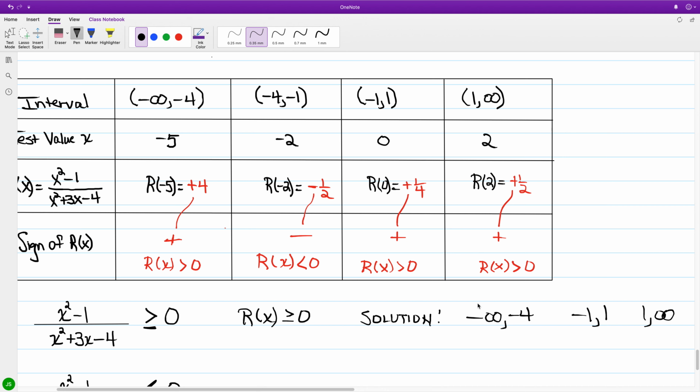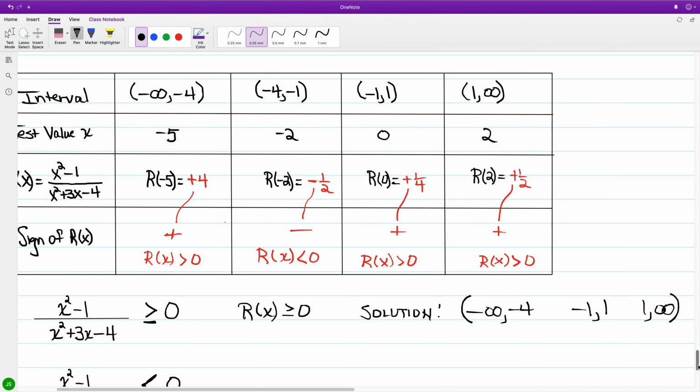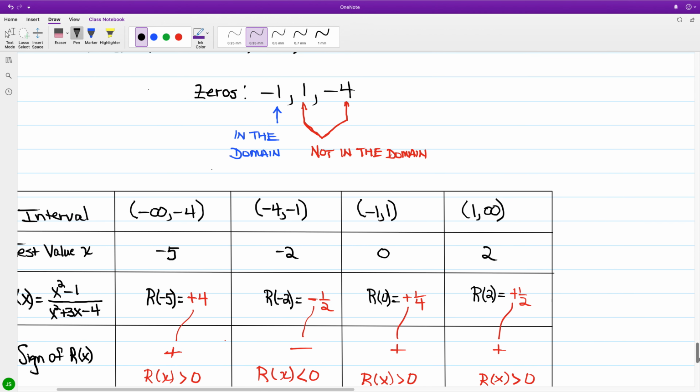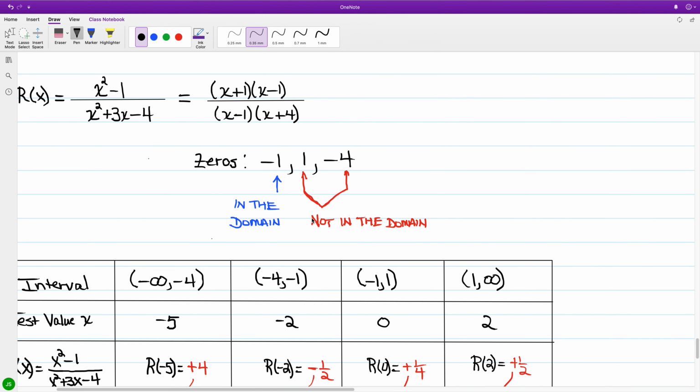Now, in terms of the enclosures, we had the equal sign, which signals that we could possibly have brackets along with parentheses. Infinities are boundless, so at least negative and positive infinity will be in parentheses. For the zeros, negative 4, negative 1, and positive 1, brackets can only go around those values that will be in the domain of the rational function.